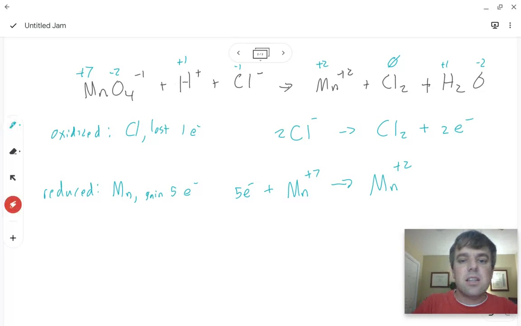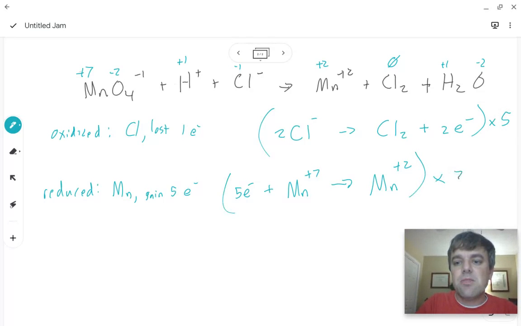And then, in order to balance this equation, to add these half reactions together, our electrons need to be the same on each side. We can't have extra electrons being gained or lost. So the least common multiple of 5 and 2 is 10. So we need to multiply the top half reaction by 5, and the bottom one by 2.